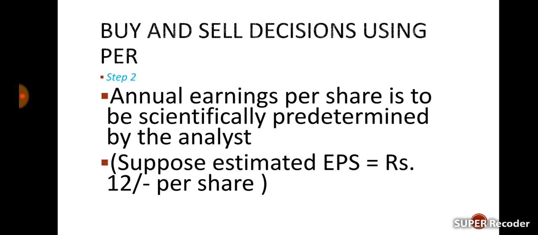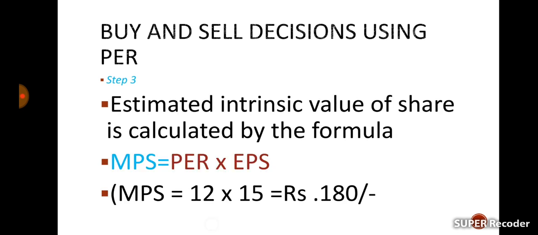The third step is to calculate intrinsic value. As per the multiplier approach, we multiply PER with EPS. So here we have the PER as well as earnings per share, and we calculate the intrinsic value by applying the formula: market price per share is equal to PER into EPS.